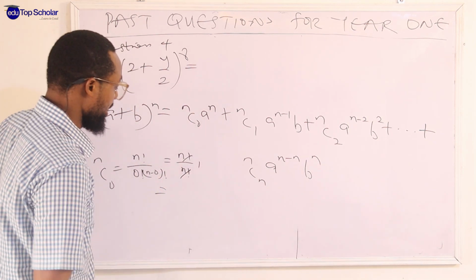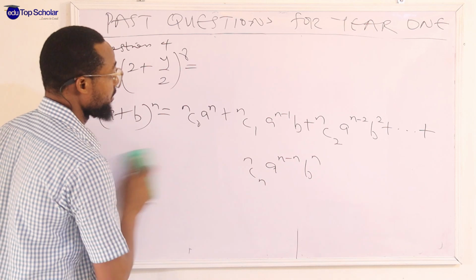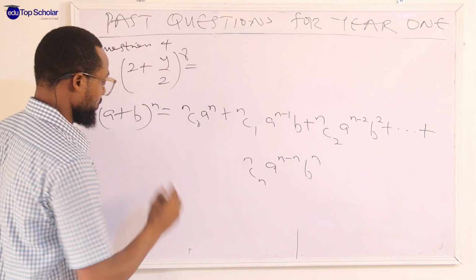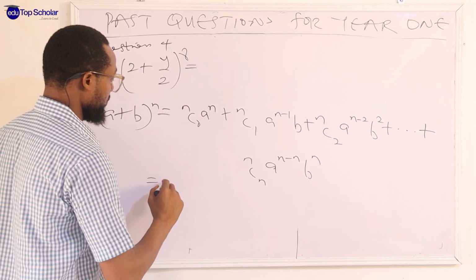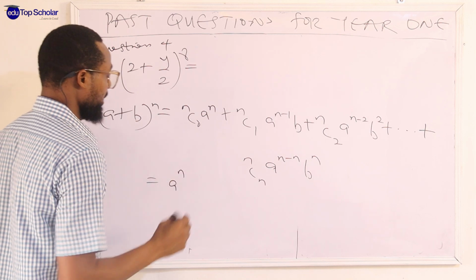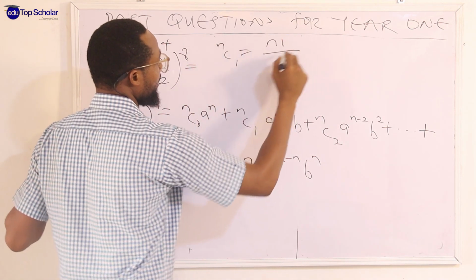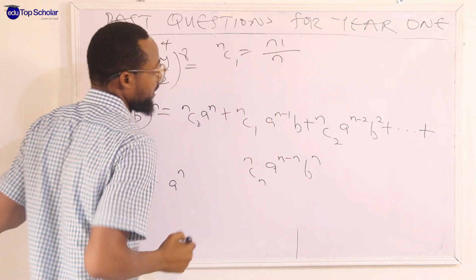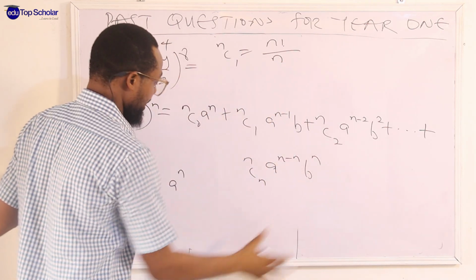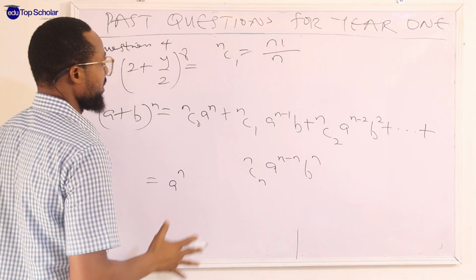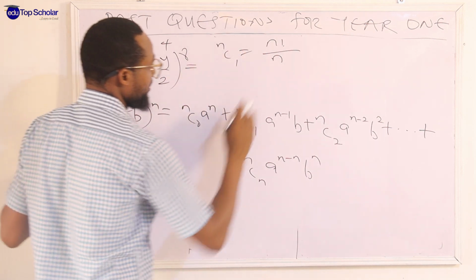So we have this equals a raised to power n. And for n combination 1, we have n factorial over n minus 1 factorial 1 factorial. I'm just using this to explain, so you will see that the work is very little anyway.